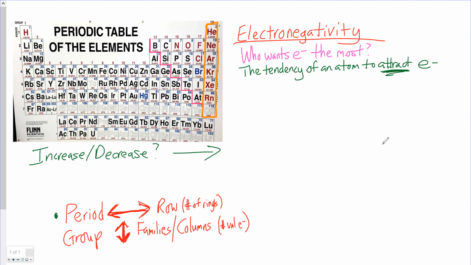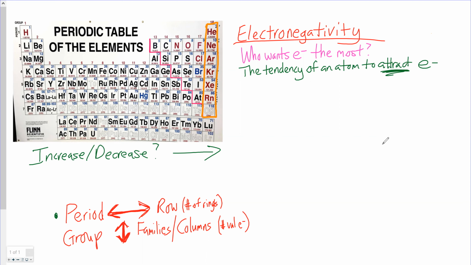So I want you to think about it for a second. Think about what you know. Think about the definition of electronegativity. Who wants electrons the most? As we go to the right across a period, do you think an atom's desire to get electrons would increase or would it decrease? So think about it for a second.